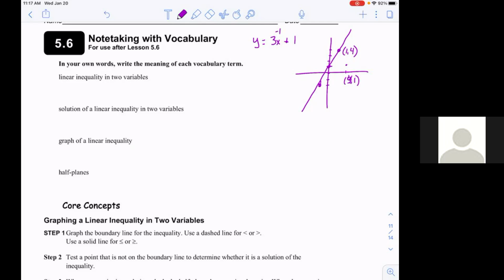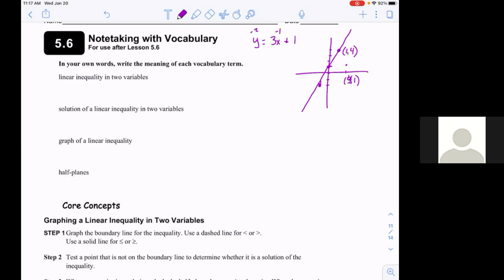So I put a -1 in for x and a -2 in for y. Is that true? 3 times -1 is -3, -3 plus 1 is -2, -2 equals -2. So yes, it's true. So once again, a line is an infinite number of points that make this equation true. That's the game we're playing.